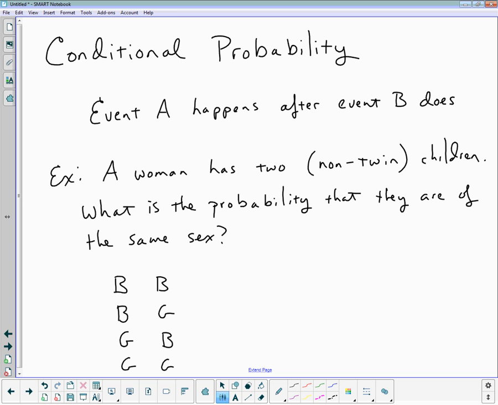So a probability is listed as a fraction of the solutions or winning scenarios that you're interested in over the possible scenarios you have.